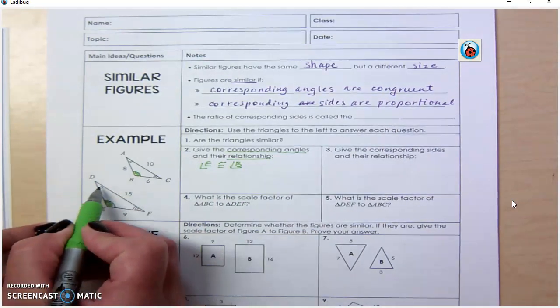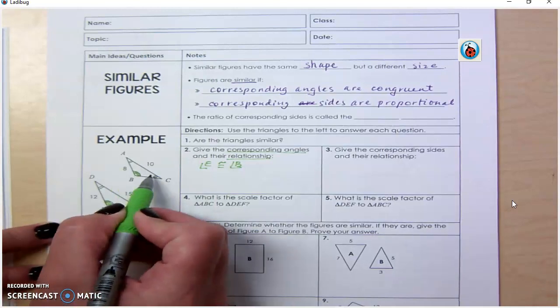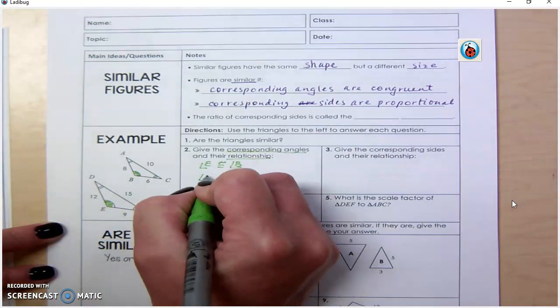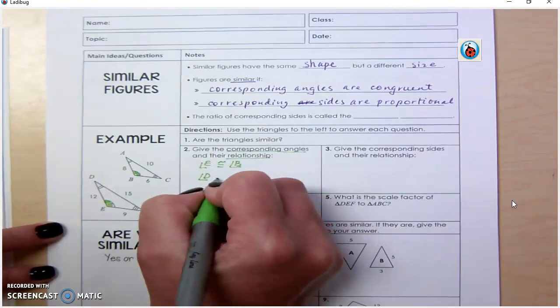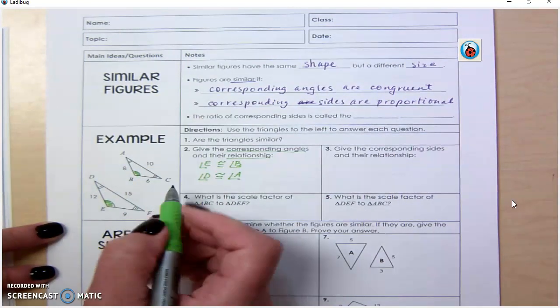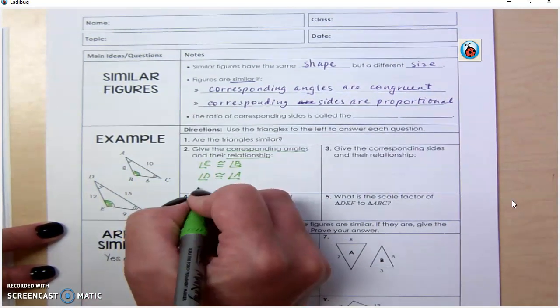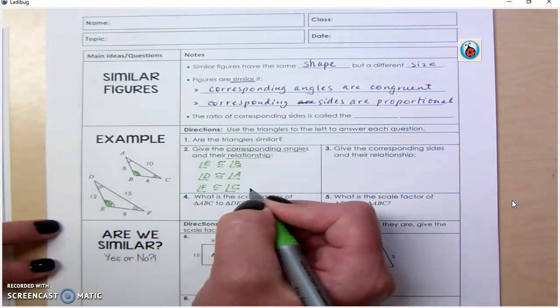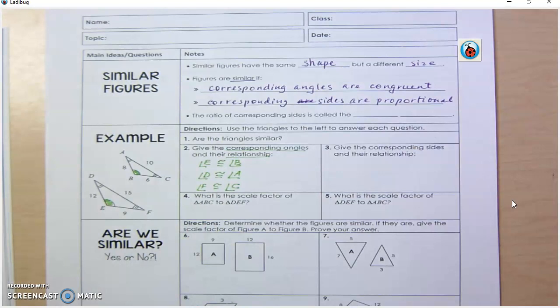And I hope you guys are remembering the special marks, so one mark, two marks for angle D and A, so that shows their relationship. They are congruent to each other. And then C and F, both of these angles are congruent to each other as well. So they are in the same position but different location, and they're always going to be congruent.